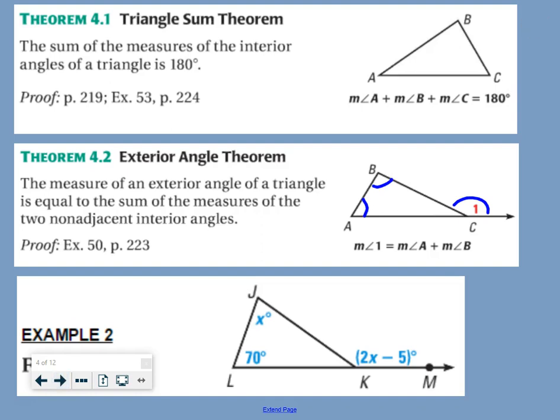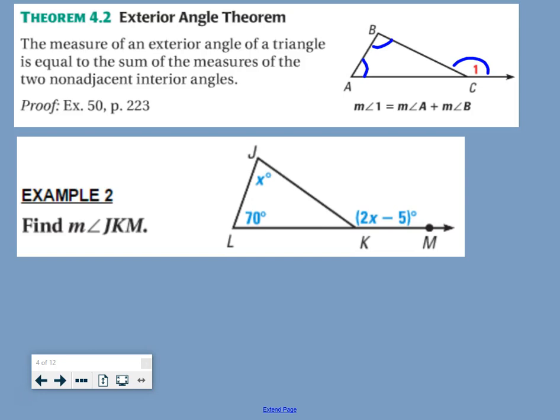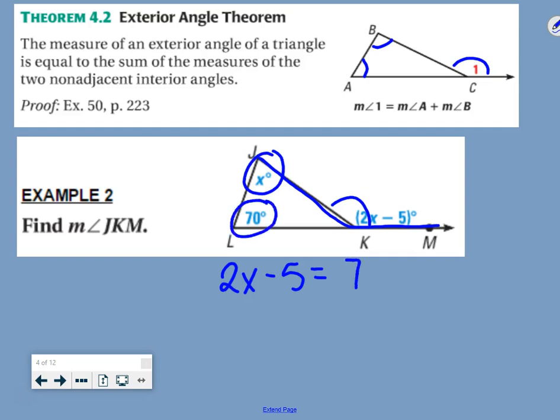So in our example here, we have find the measure of JKM. This angle right here. Well, based on our theorem, we know that this angle is equal to the sum of these two angles. We have 70 plus x.